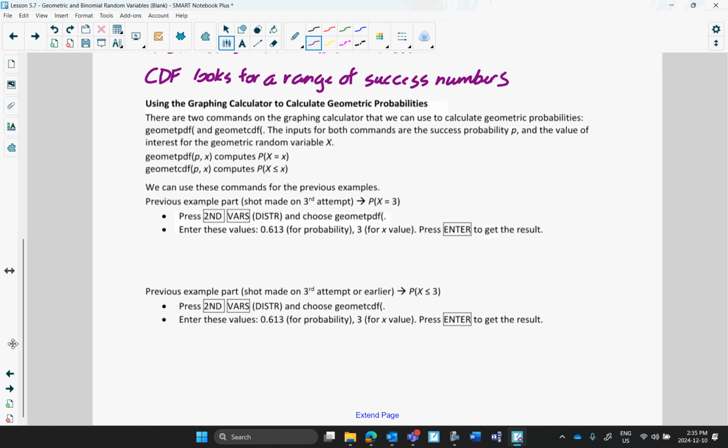Because remember, we don't calculate on calculators with percents. We always change them to decimals. So you should get 0.092 or 9.2%. So there's a 9.2% chance he makes it on the third attempt.